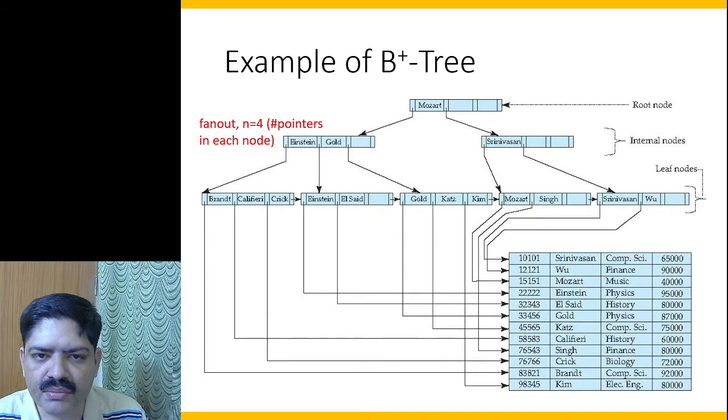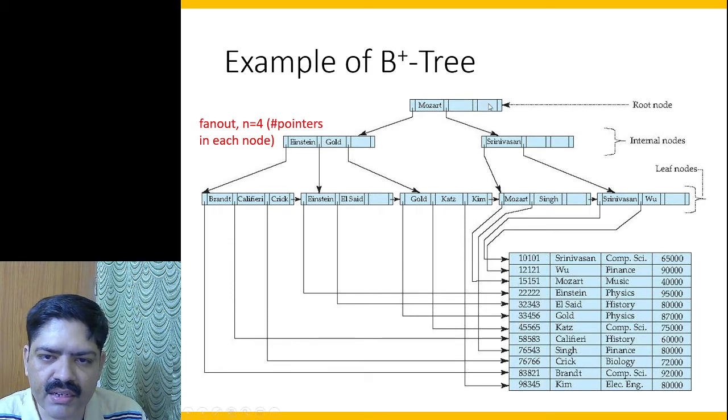Here is an example of a B plus tree. I have several nodes. All the nodes are of the same shape, where they carry some data item, and along with the data item there are pointers.